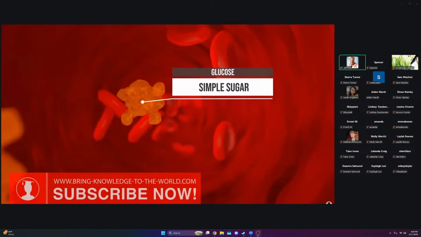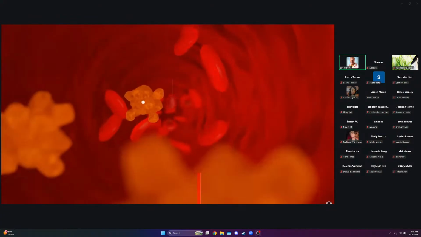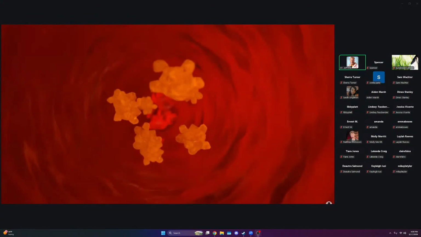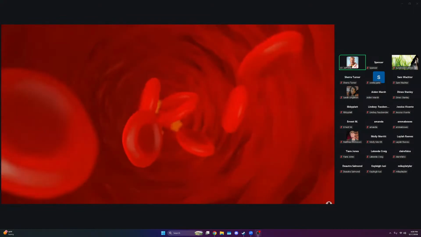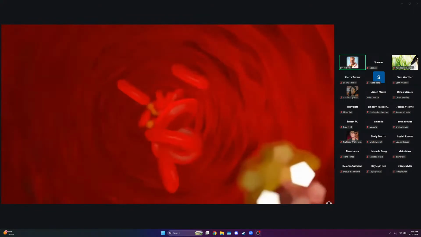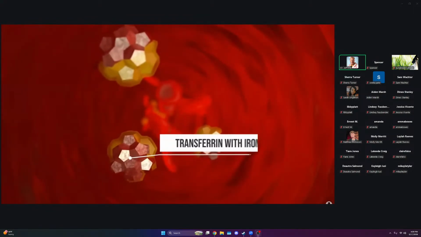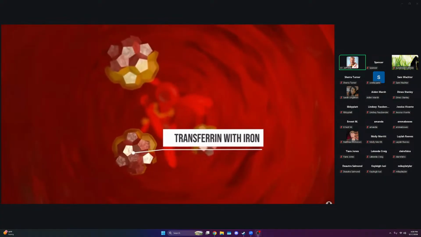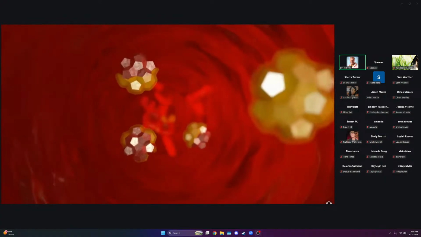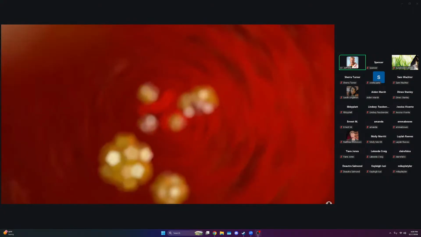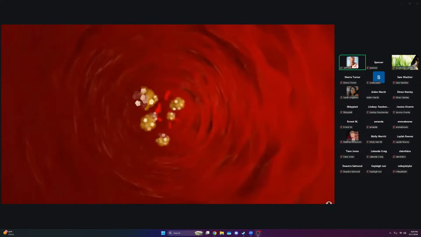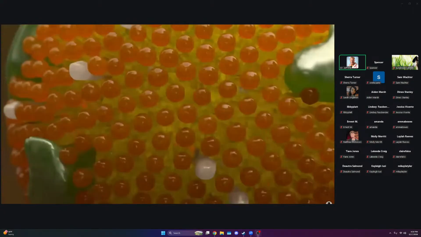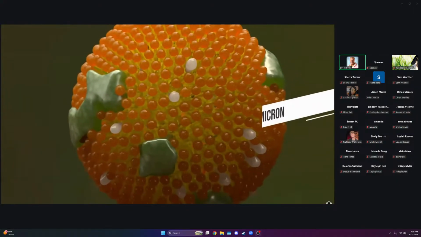Some nutrients, such as glucose, do not require a carrier. They are transported freely in the bloodstream. Other nutrients, such as iron, require transport proteins like transferrin. Fats are transported by chylomicrons, which are lipoproteins.